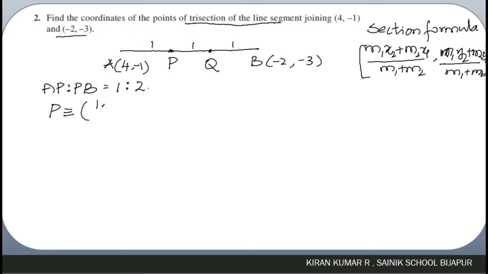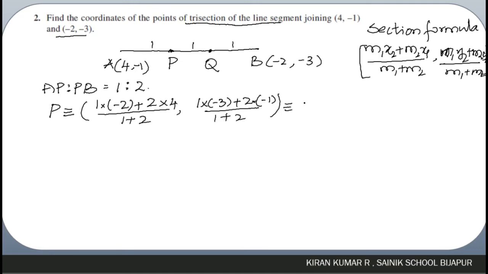It will be 1 multiplied to negative 2 plus 2 multiplied to 4 divided by 1 plus 2, 1 multiplied to negative 3 plus 2 multiplied to negative 1 divided by 1 plus 2.